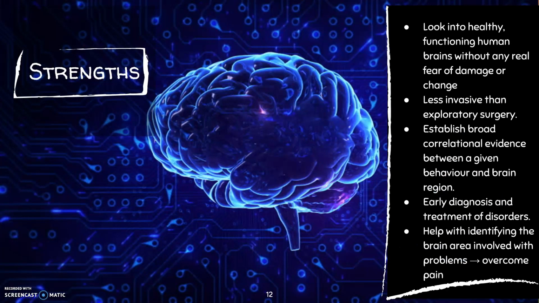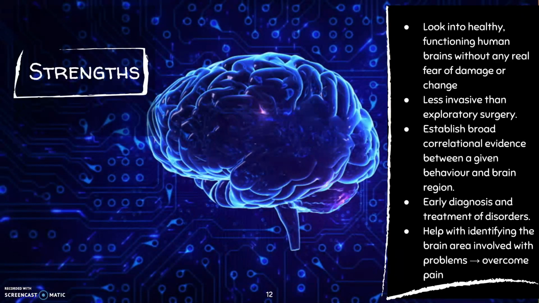Okay, let's look overall at the techniques we looked into today. What are their strengths? Well, through this brain imaging technology, we can look into healthy, functional human brains without any real fear of damage or change. It is also way less invasive than another option, which would be exploratory surgery.